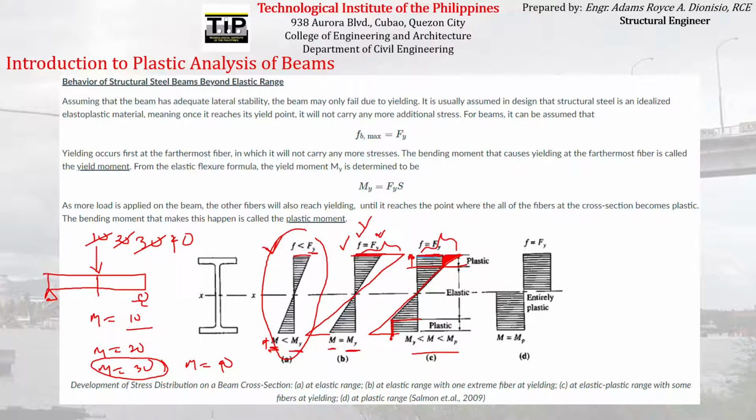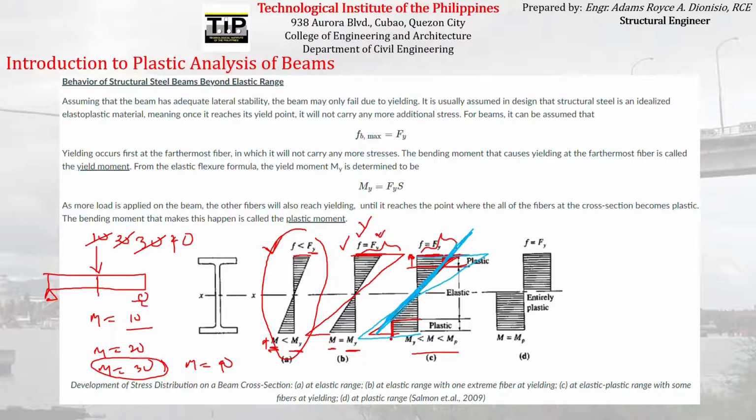Dapat magiging ganito na siya, sobrang lalaki na siya dapat. Pero since yung material natin hanggang Fy lang yung kaya niya i-resist, ang mangyayari lang diyan, yung slope nitong line na 'to, habang lumalaki yung moment or consequently yung stress, liliit ng liliit yung slope niyan.